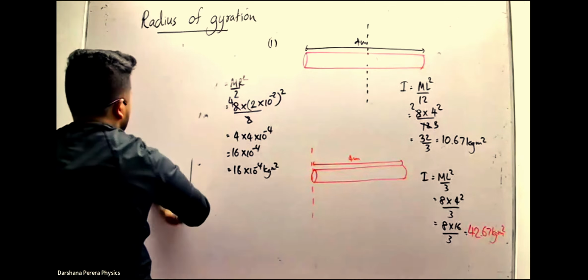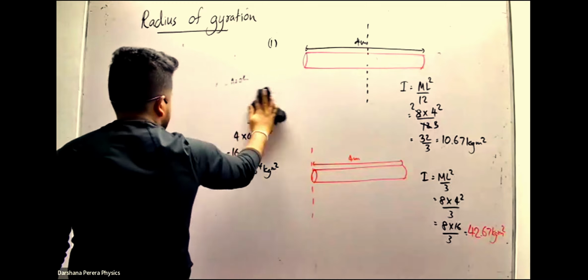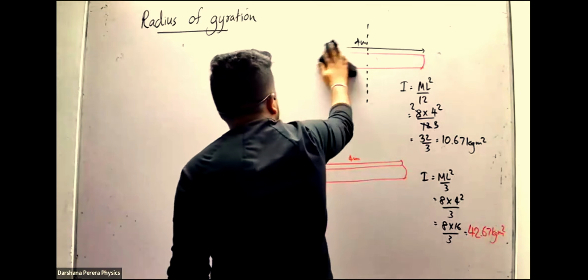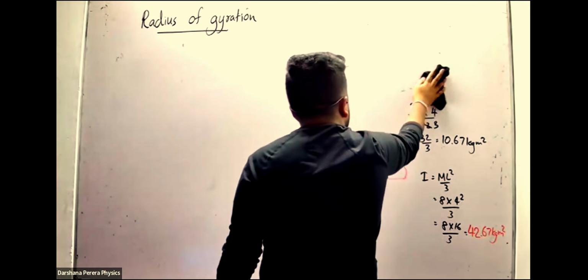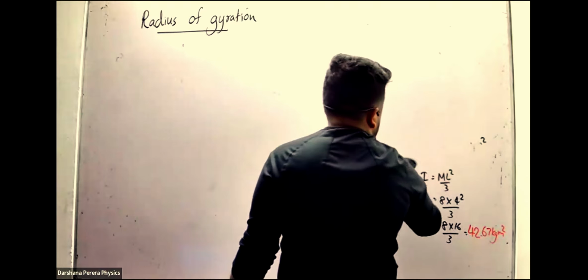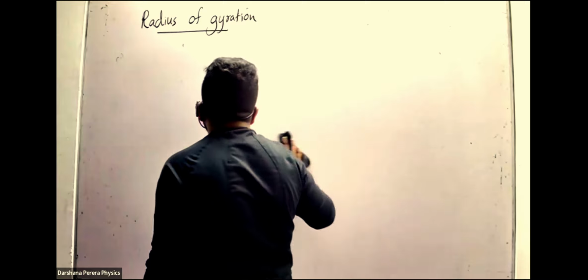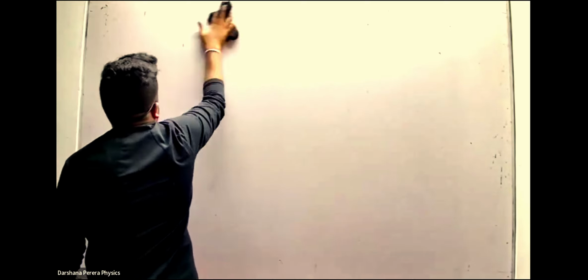Previously, in circular motion and linear motion, we discussed angular momentum and linear momentum, right? Linear momentum. Now we discuss angular momentum. How can we find the angular momentum?